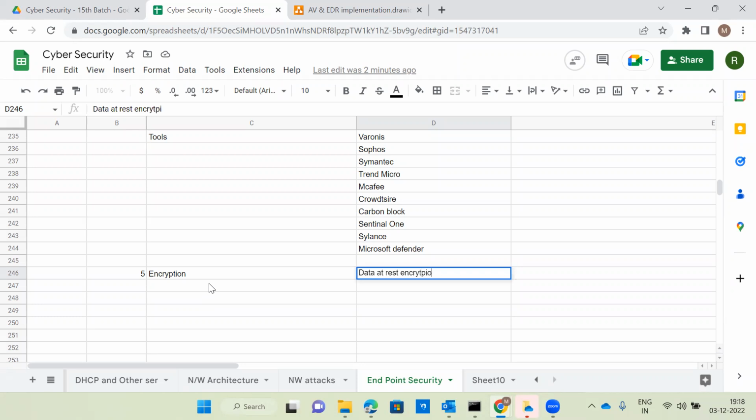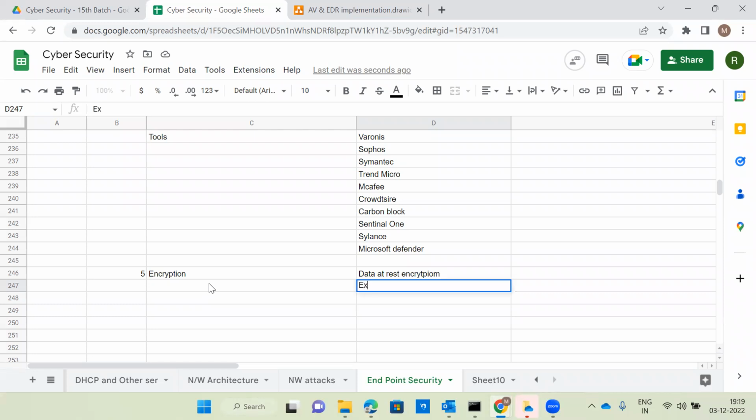Because we are discussing endpoint security, we are not discussing network security or email security. Endpoint is nothing but all the servers, laptops, MacBooks, workstations, desktops. All those endpoints have a disk, and that disk we are encrypting. That's why this is called data at rest encryption.